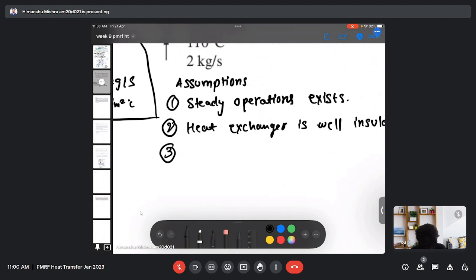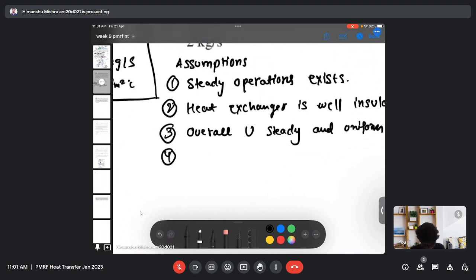And my overall heat transfer coefficient is steady and uniform. And the change in the kinetic and potential energy of the fluid is negligible.